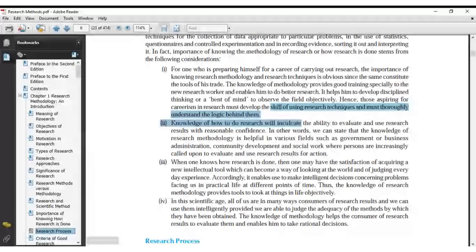Let me see something here. According to the course outline, in the next class, we are going to move on to research process, research approaches, criteria of good research, and significance of research.